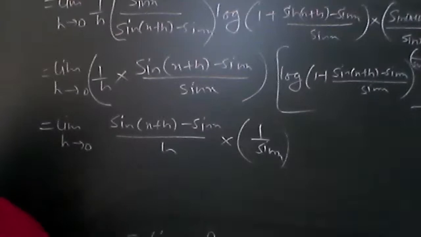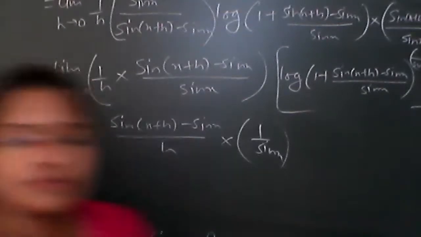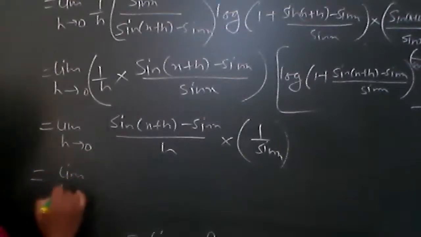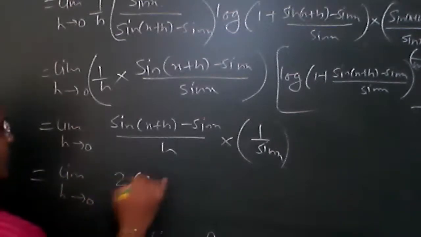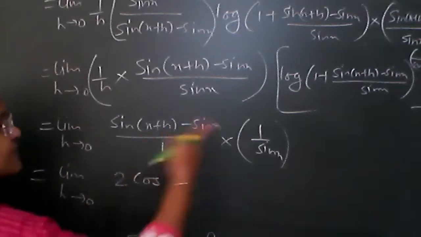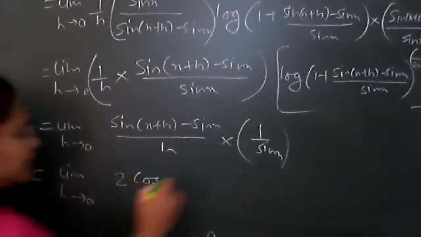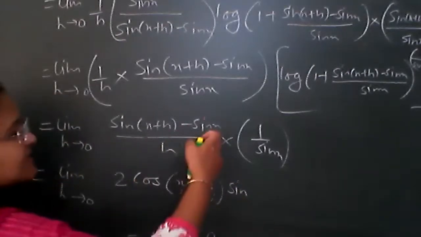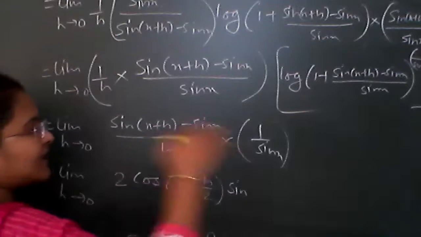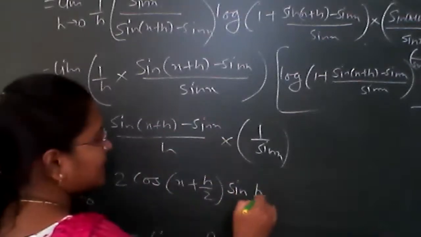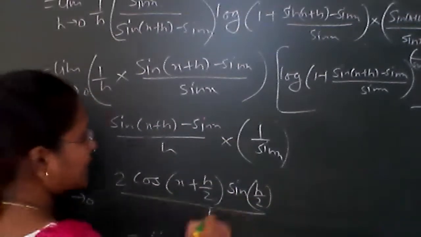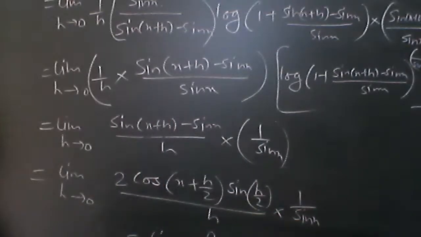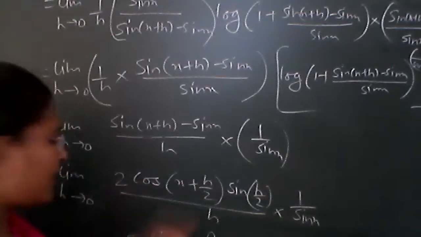Yes, ma'am. So here we have sin minus sin. It will be the limit as h tends to 0 of 2 cos((x+h+x)/2), so cos(x + h/2), times sin((x+h-x)/2), so sin(h/2), upon h, times sin x. Now, student, here 2 upon h is there.